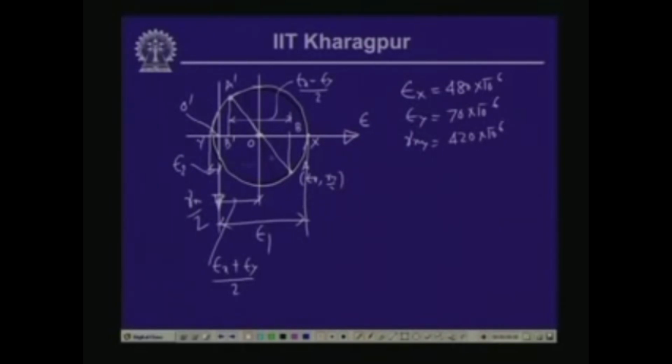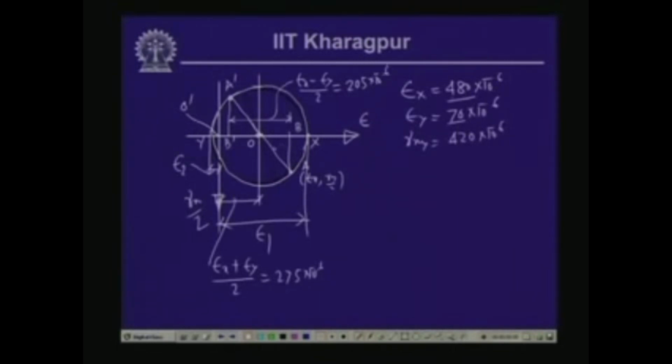So, the distance O dash is epsilon x plus epsilon y by 2, which is equal to 480 plus 70, 550 by 2, and this gives us 275 into 10 to the power minus 6. Epsilon x minus epsilon y is 410, so by 2, that means this is 205 into 10 to the power minus 6.